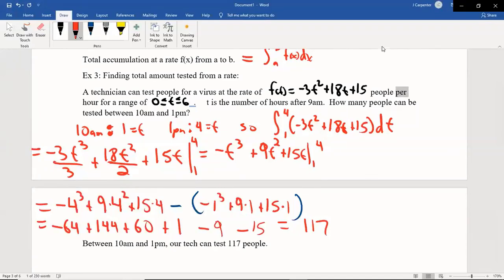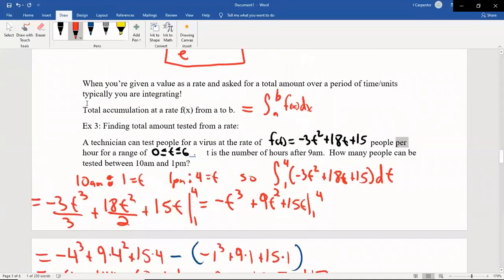When you're given rates, you are typically going to integrate if you're asked a question about something involving that rate. So how many people, blah, blah, blah, the rate involved people per hour. So you're integrating over time because it says people per time to get a total people. Total accumulation of a rate is the integration of the rate over the appropriate variable.